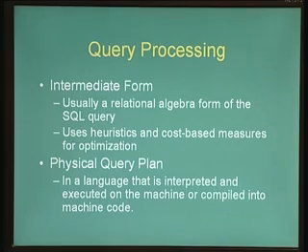The physical query plan is written in a separate language which has its own constructs, and that is either interpreted or compiled into machine code. Let us have a look at what constitutes the physical query execution plans and what are the constructs that make up this physical query execution plan. The logical query execution plan, or the intermediate form, we shall be looking into in greater detail in a later session.